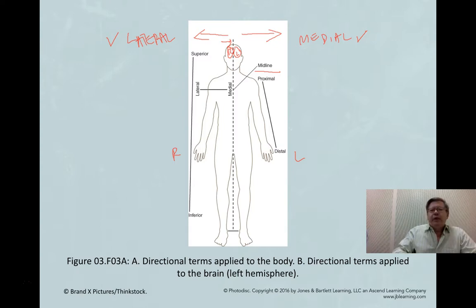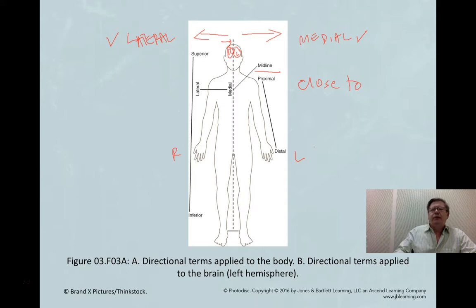2 more points are the proximal and distal parts of the body position. Proximal is really just a description of any point that is near to the attachment of a limb. So we can use the term proximal to say that something is close to, synonym of proximal.